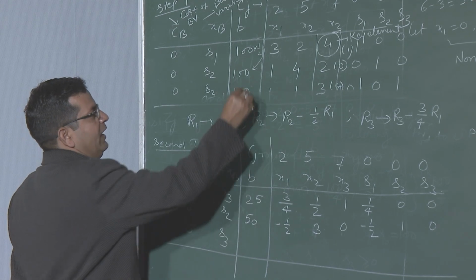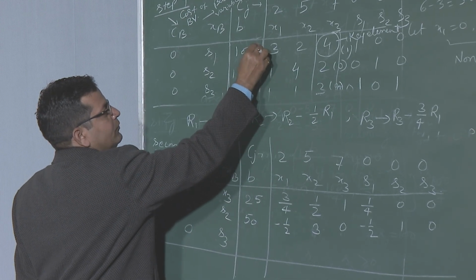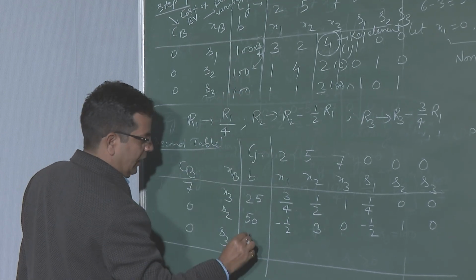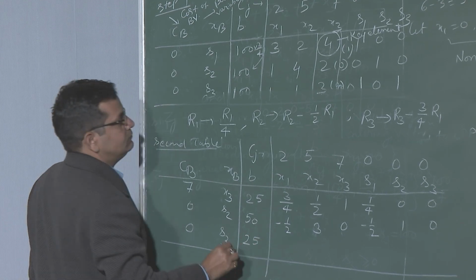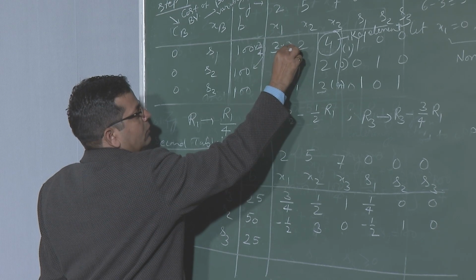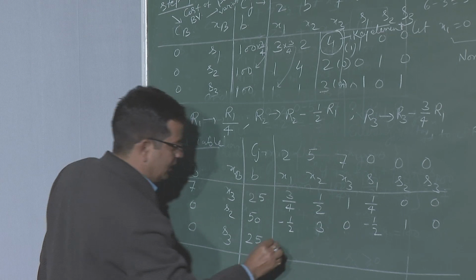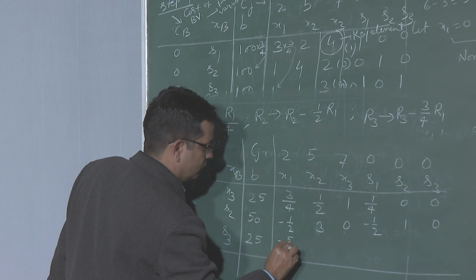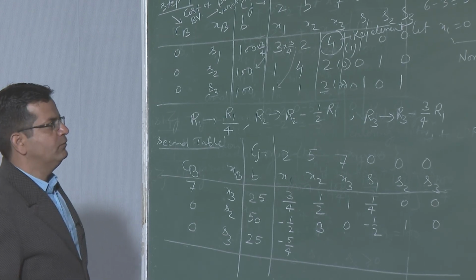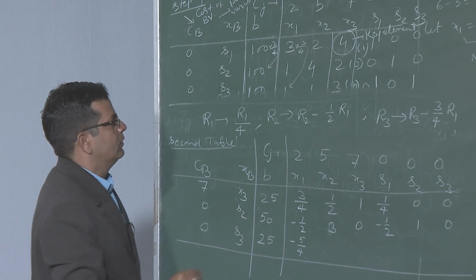When I multiply the first row by 3 by 4, it becomes 75, and when I subtract it from 100 we have 25. Then 3 by 4 into 3 by 4 is 9 by 4, and 1 minus 9 by 4 is minus 5 by 4.